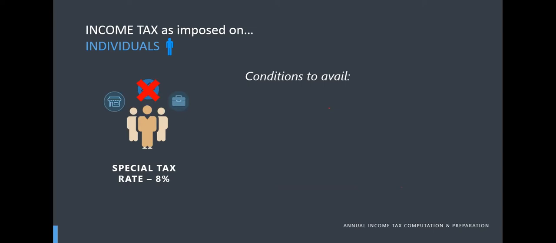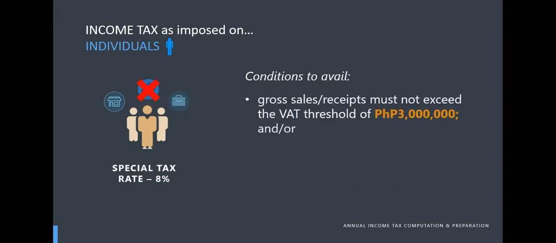Conditions to avail the special tax rate of 8%. The gross sales or receipts of an individual must not exceed the VAT threshold of 3 million pesos, and they must not have voluntarily registered as a VAT taxpayer.